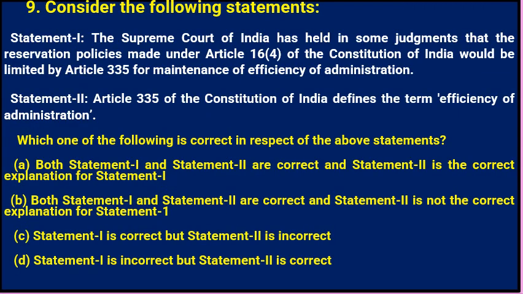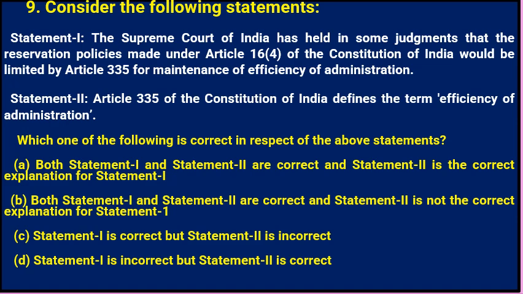Question number 9. Consider the following statements. The Supreme Court of India has held in some judgments that the reservation policies made under Article 16 Clause 4 of the Constitution of India would be limited by Article 335 for maintenance of efficiency of administration. Yes. Statement 2.